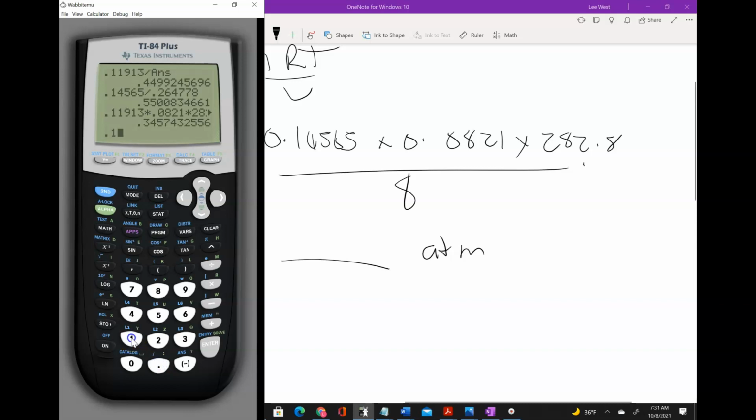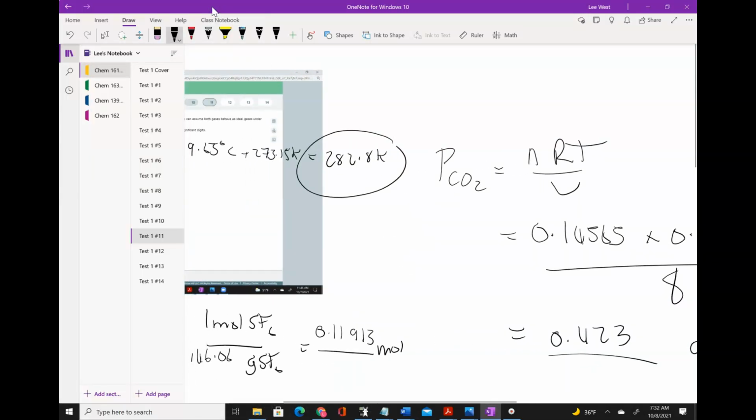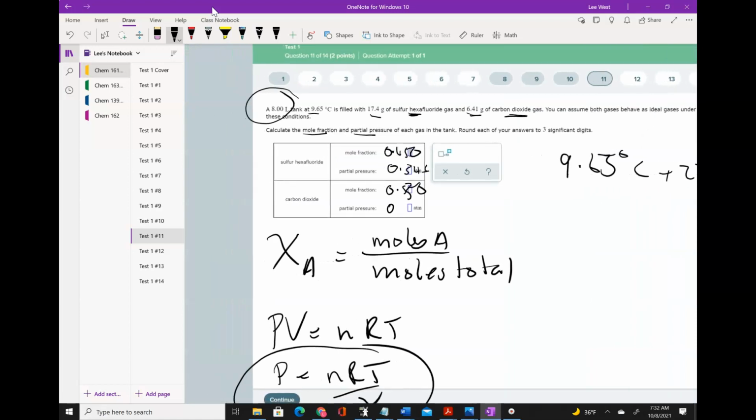So same thing, 0.14565 times 0.0821 times 282.8 divide 8. There we go. And remember, I'm looking for a number bigger than what I had before. It is. Alright, so that's perfect.